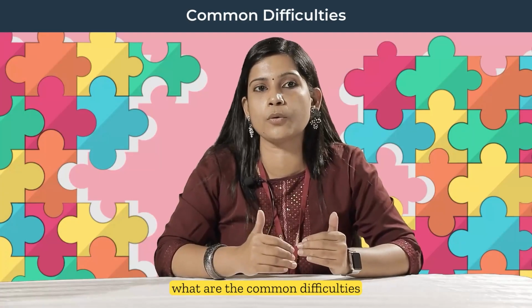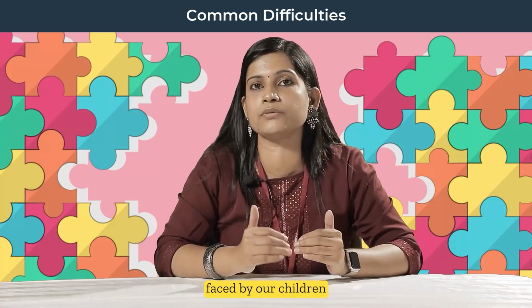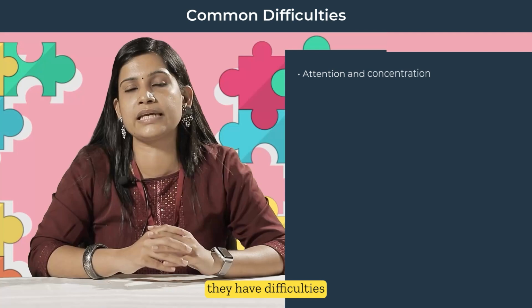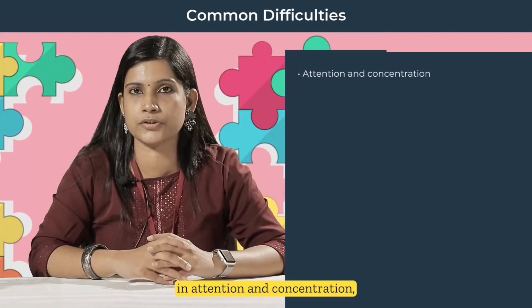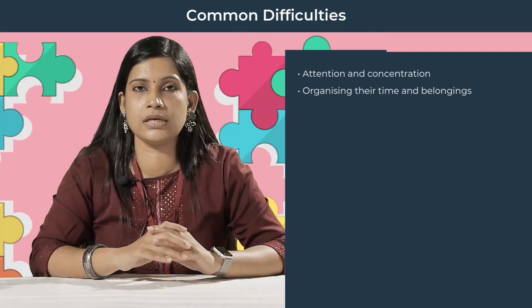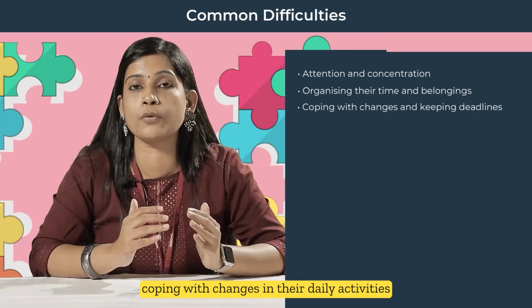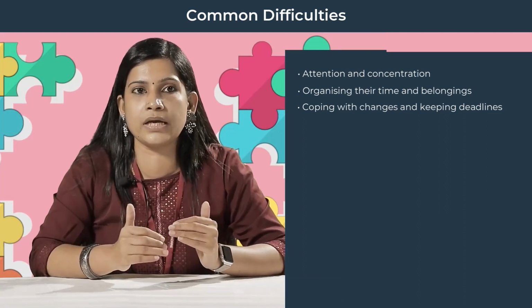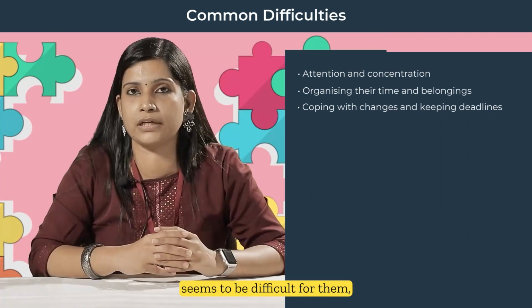academic performance. So now let's see what are the common difficulties faced by our children which adversely affect their academic performance. They have difficulties in attention and concentration, managing time, and organizing their belongings. They also have difficulty coping with changes in their daily activities, and meeting any deadline seems to be difficult for them.